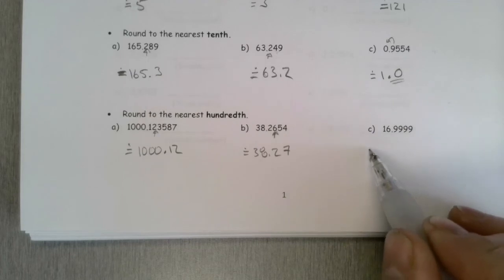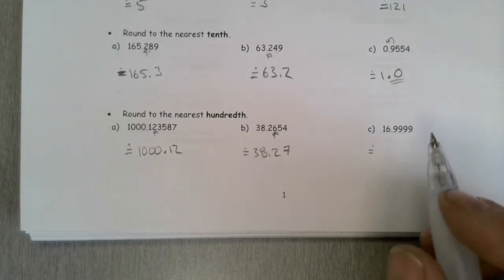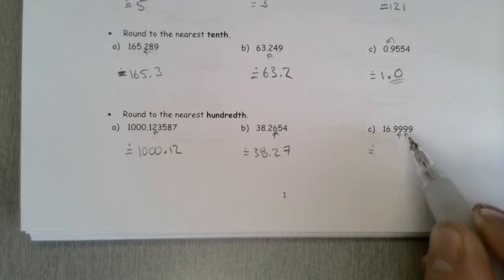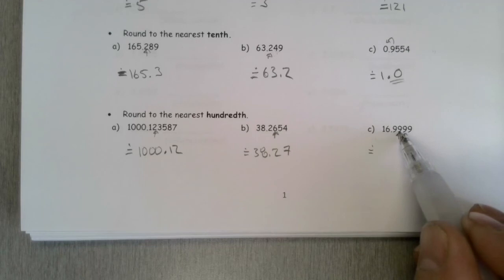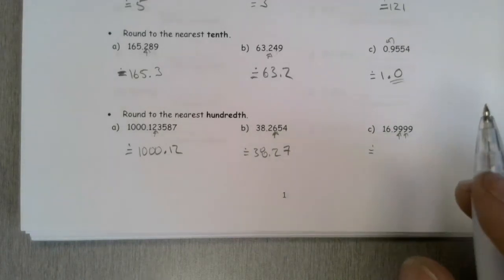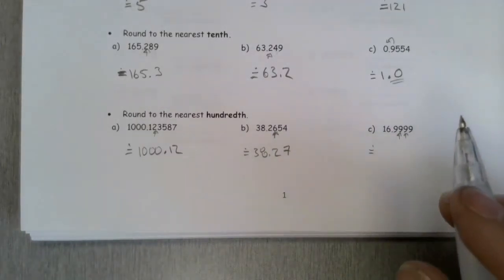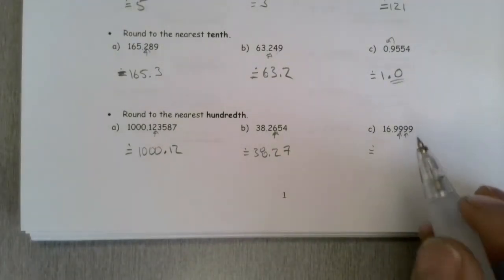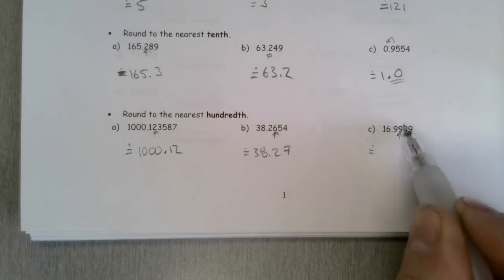And then if that last question that we did just a few moments ago made sense, then this should make sense here too. This 9 here, I'm not going to look at the thousandth spot, because this is in the 5 to 9 range. That's going to increase this one. This is where we get a little domino effect happening, okay? Not in the rounding, but in the answering of the question, in the determining of the value. So this 9 is going to be 10, but the 1 gets pushed over.